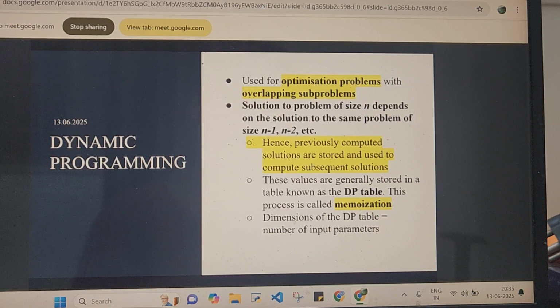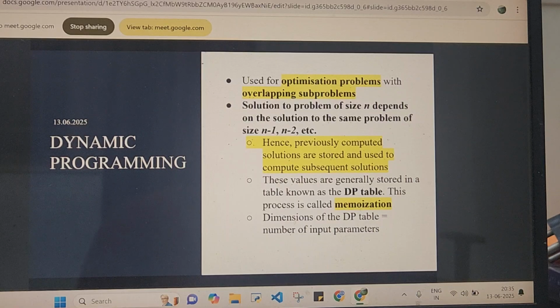These values are generally stored in a table, a matrix sort of structure, which is called the DP table. DP stands obviously for dynamic programming. This process of storing values once computed in a table and then using those values to compute new values is called memoization.